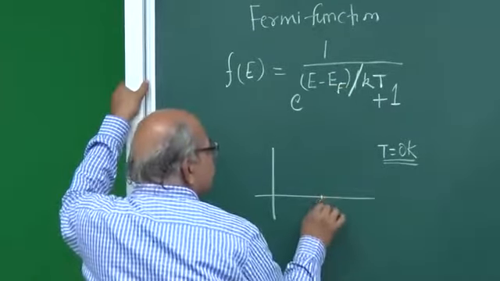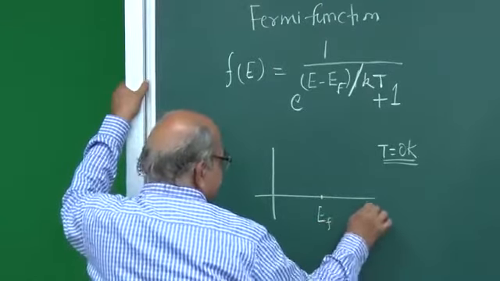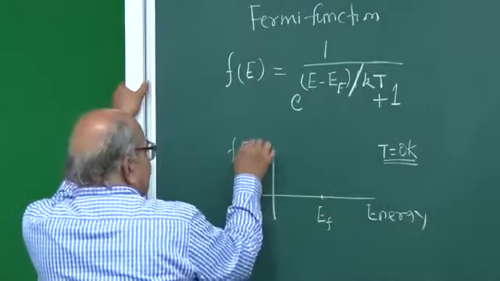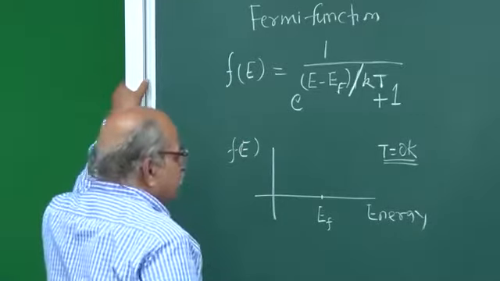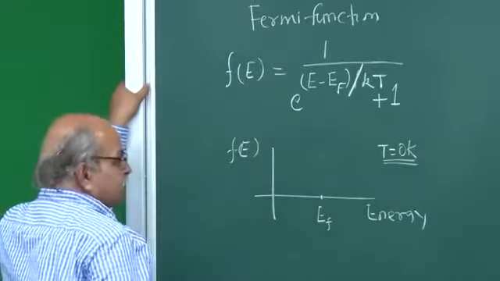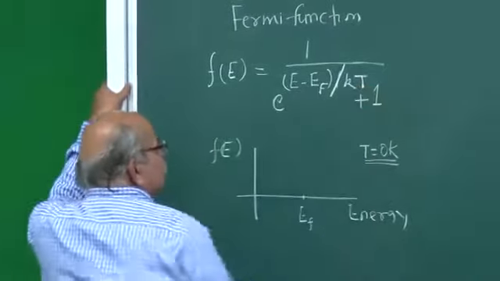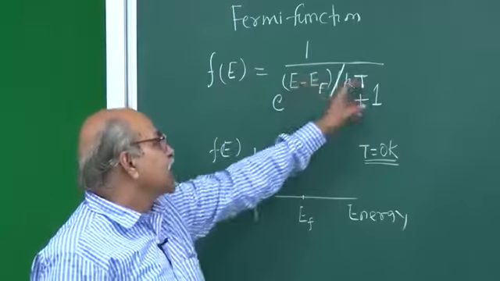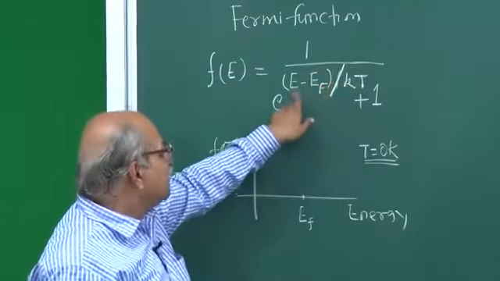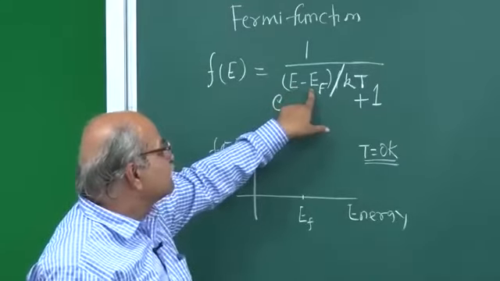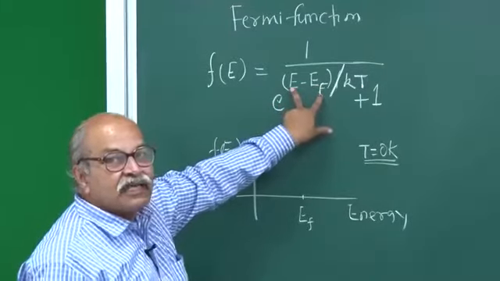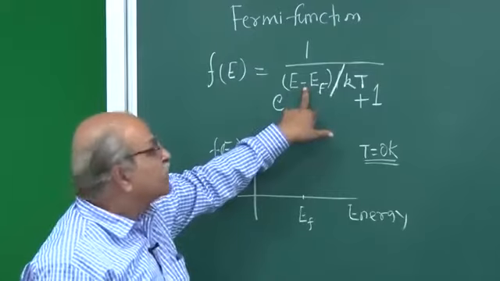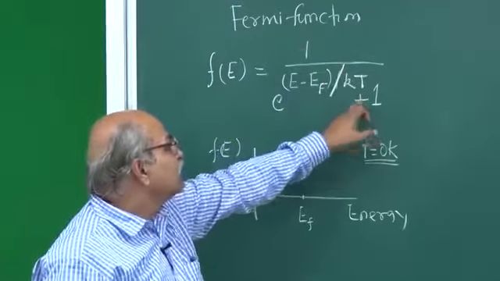Let's say this is EF, this side is energy, and this side is Fe. If T is 0, the exponent is going to be infinity, since T is in the denominator. But if E is less than EF, this is a negative quantity, so it is e to the power minus infinity, which is 0, and then plus 1. So 1 divided by 1 is 1.